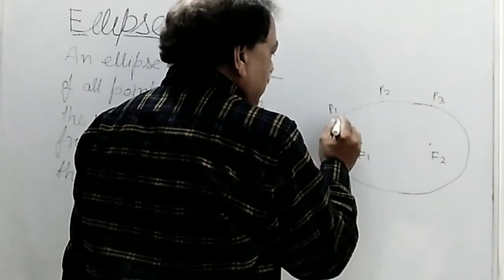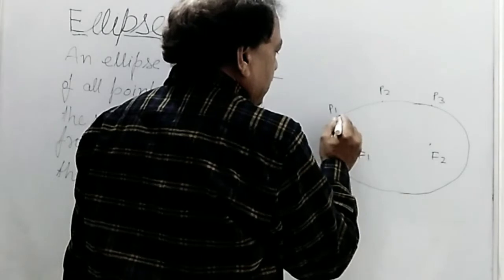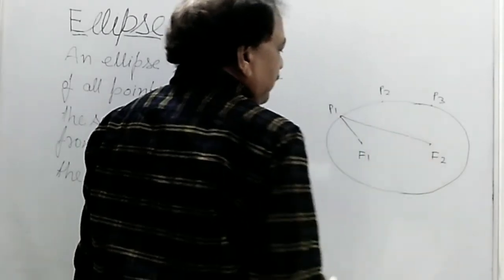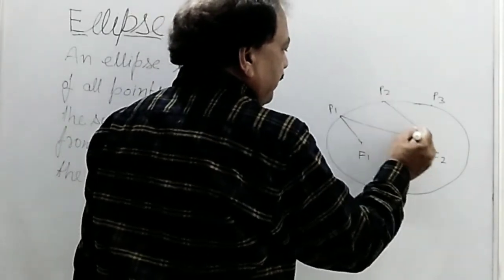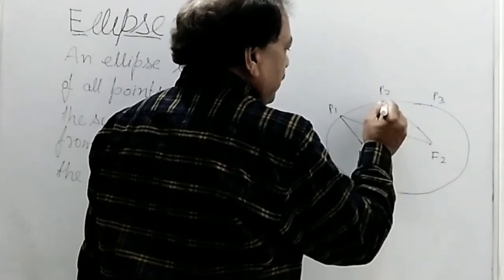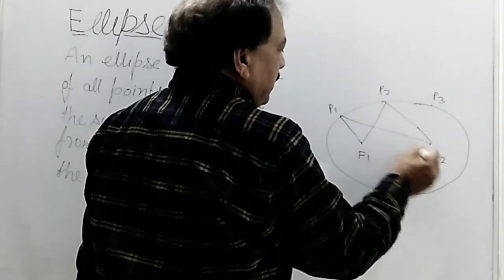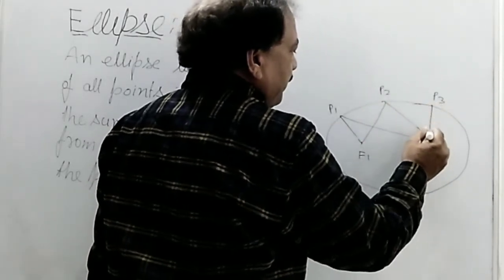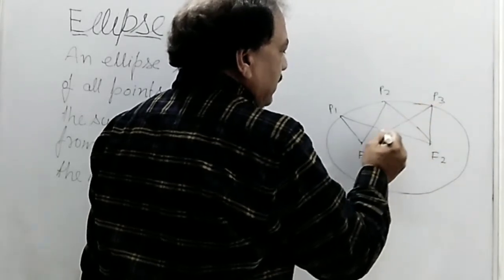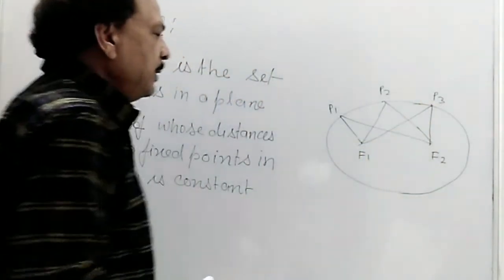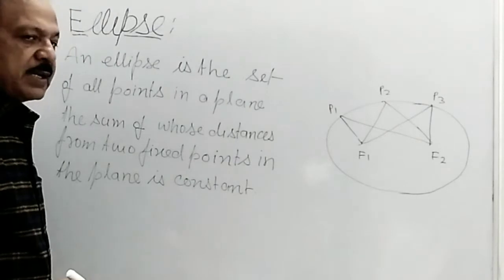So P1F1 plus P1F2, P2F1 plus P2F2 and P3F1 plus P3F2, these are constant.